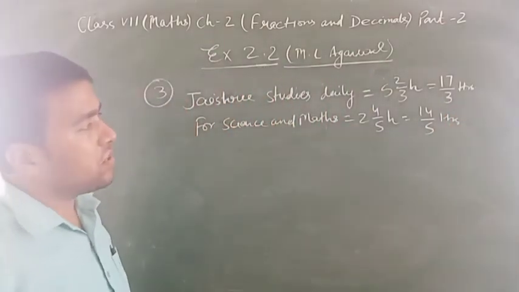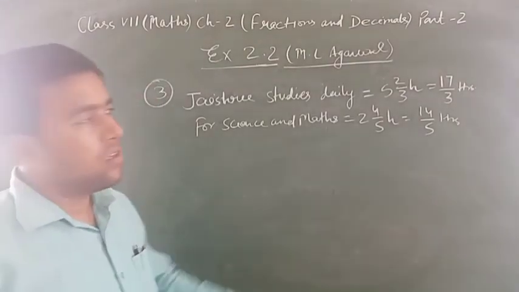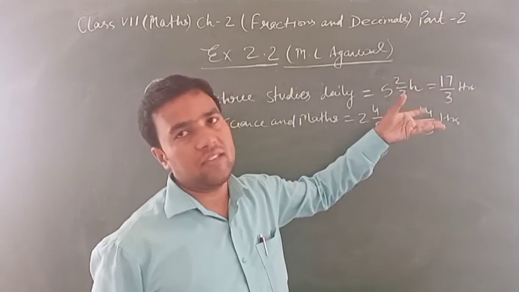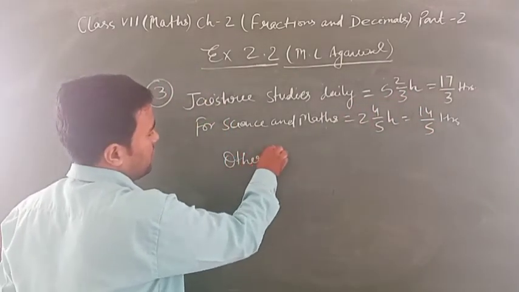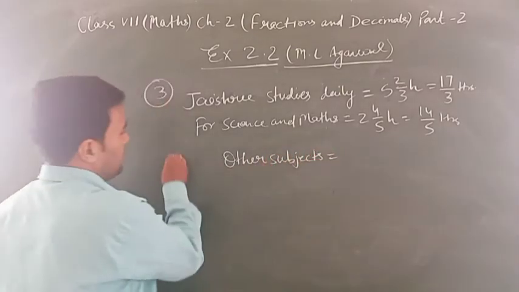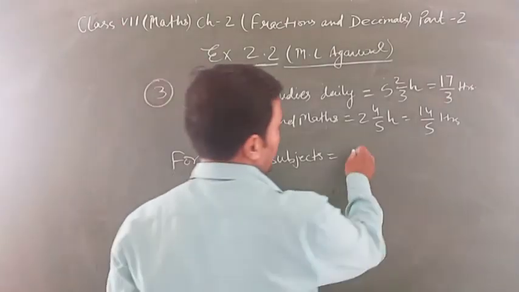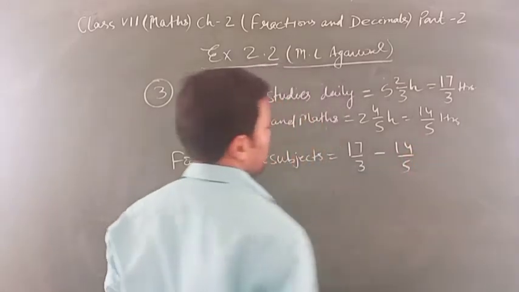For other subjects, how much is left? Means you will do minus from total hours minus whatever is given for science and maths. So for other subjects equal to 17 by 3 minus 14 by 5.